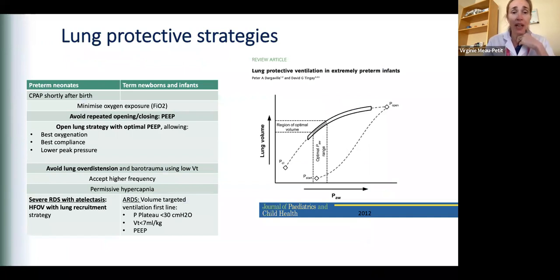So we know that to ventilate in this safe window, there are currently some lung protective strategies in the preterm newborn: to start CPAP shortly after birth, to minimize oxygen exposure, to ventilate with a low tidal volume, and to set the proper, optimal PEEP to avoid all this de-recruitment and atelectasis.